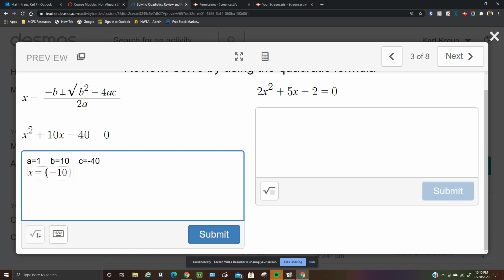Negative 10 plus or minus the square root of 10 squared, which is 100, minus 4 times 1 times negative 40, then divided by 2 times 1, which is 2.